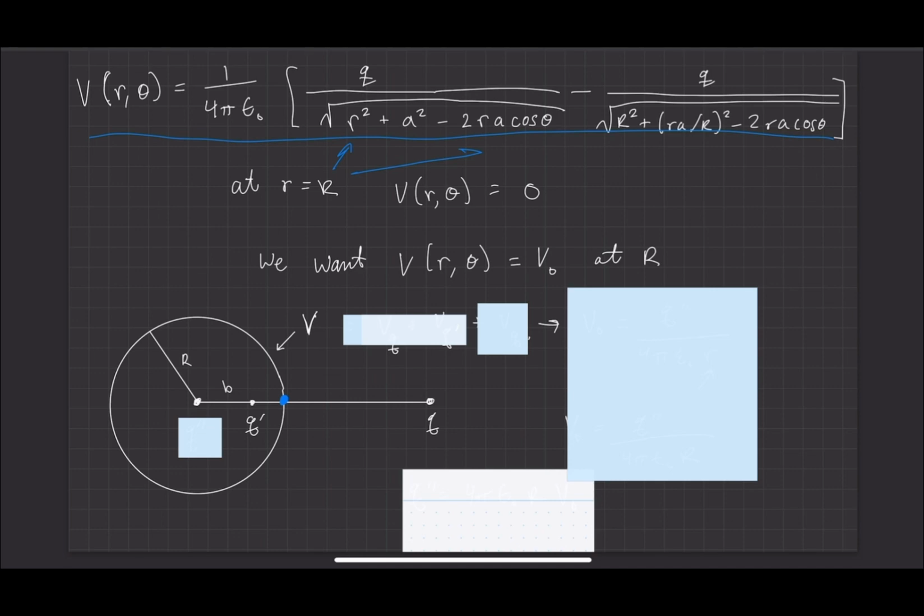We also know that the potential at that point is equal to the sum of the potentials due to these charges right here. So if you write that, the potential is equal to the potential due to q plus the potential due to q prime. And since we're talking about the surface of the sphere, those two potentials add up to 0.